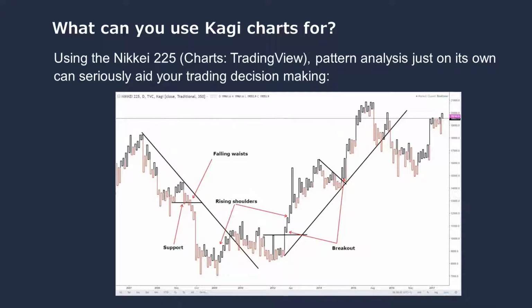And we are going to have a look in the next section at price patterns. But on this example, on the Nikkei 225, you've got some of the new terminology that you'll come across: falling waists, rising shoulders, support and breakouts created around trend lines, and there are many more that we're going to see shortly.